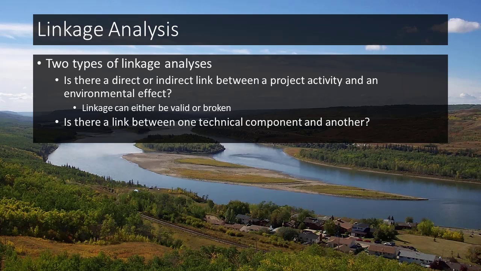Second thing is, is there a link between one technical component and another? So for example, the air quality team will do a CALPUFF model or some other type of dispersion model, trying to understand if they're digging up dust, where's that dust going to end up? Another team of ecologists will look at if that dust lands on bearberries, is it going to be taken up?